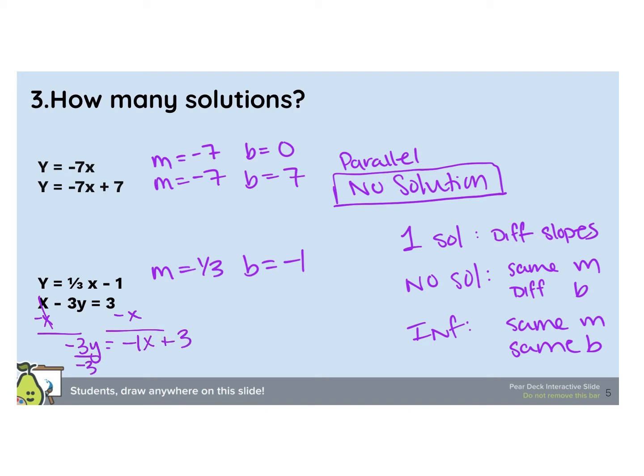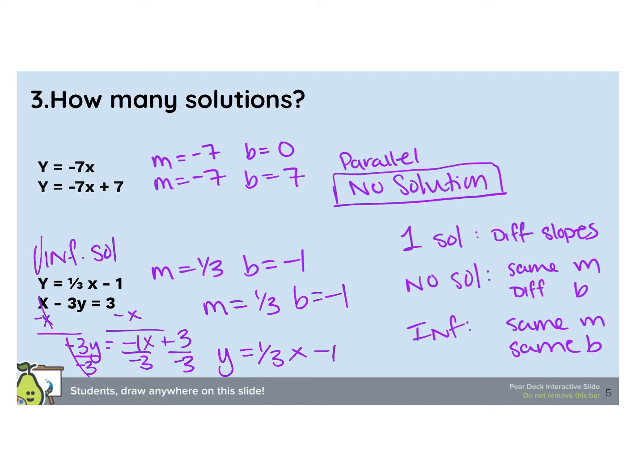Then I'm going to divide by -3. So I get y equals 1/3 x minus 1. So the slope is 1/3. The y-intercept is -1. So this second one, everything's the same. So this one has infinite solutions.